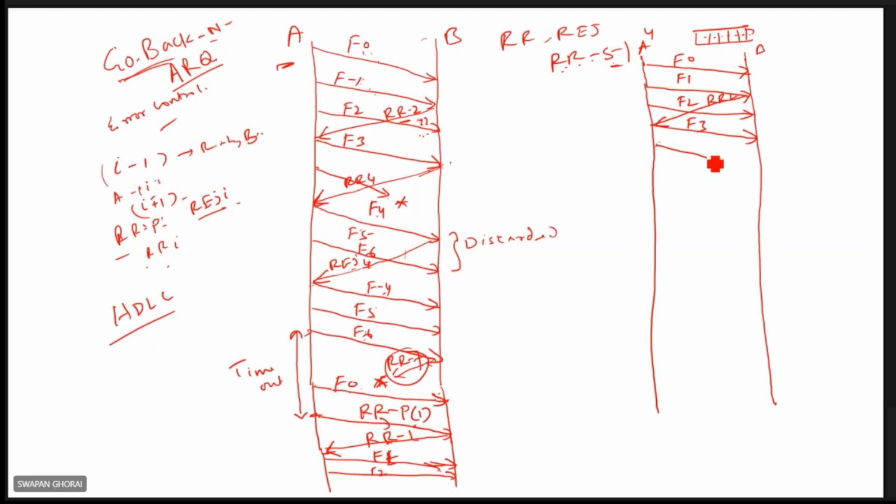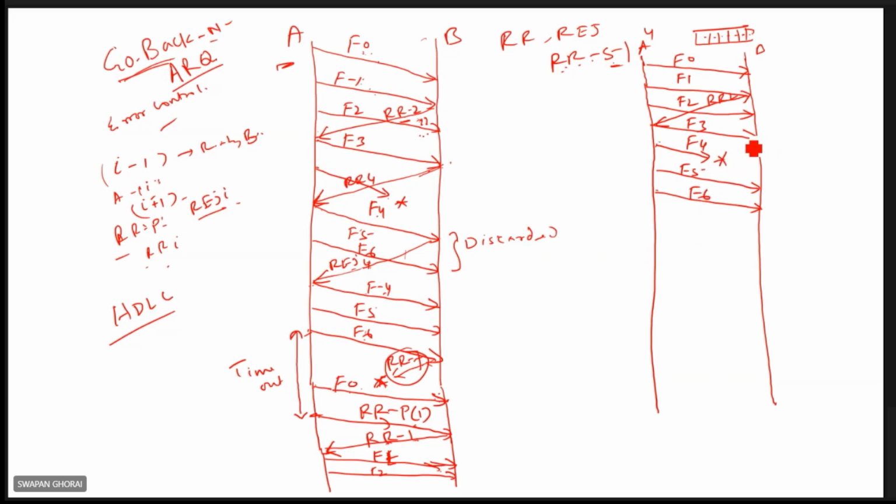It transmitted F4, but that is lost. But A will continue to transmit. With sliding window flow control, F5, F6, at least 2 frames it will transmit, even if it does not get the acknowledgement.